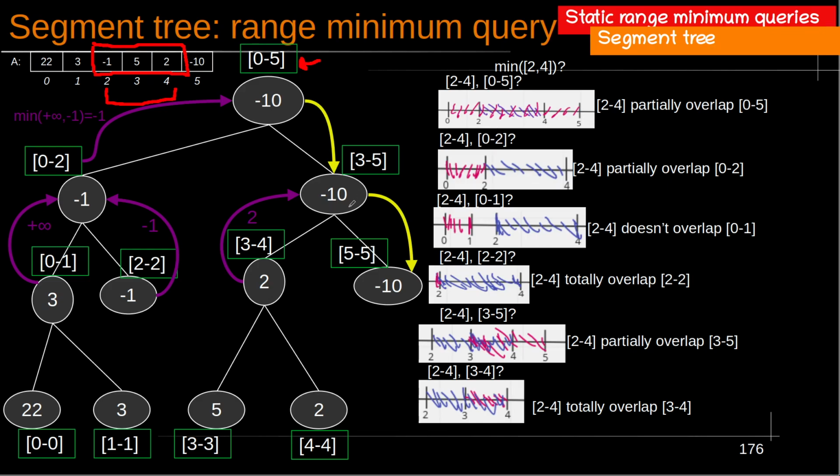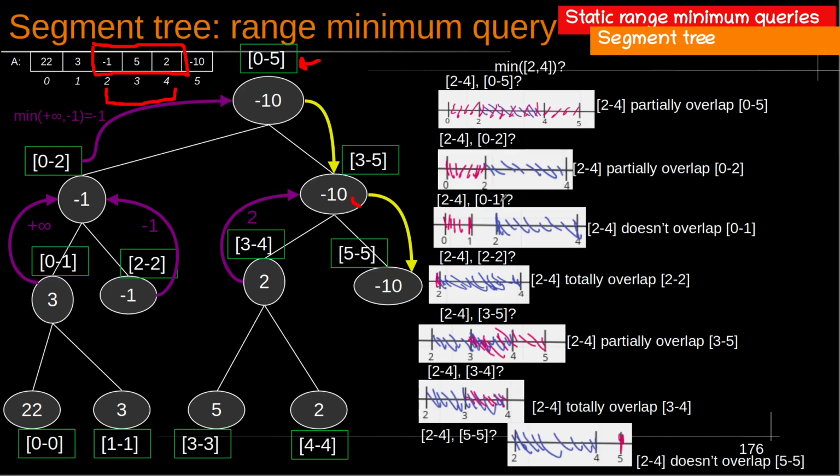It's node -10 here. 2, 4 and 5, 5. But you see, 5 is completely outside 2, 4, which means there is no overlap. So we return plus infinity. We can compute now the value of that node, which is the minimum of plus infinity and 2, which is 2.